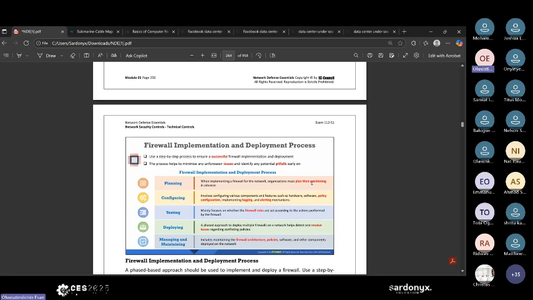Also, configuring, like I said, you have to test it. You have to deploy, manage and maintain. And that's why you cannot overemphasize policies. But it's not just about the technical ability to configure. Policies will make sure that they are effective.